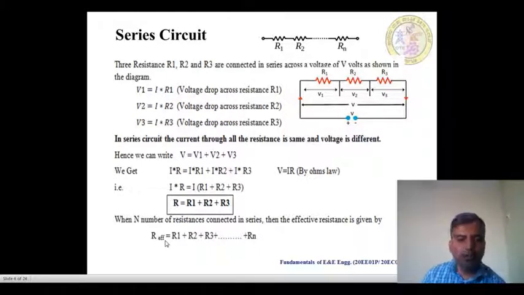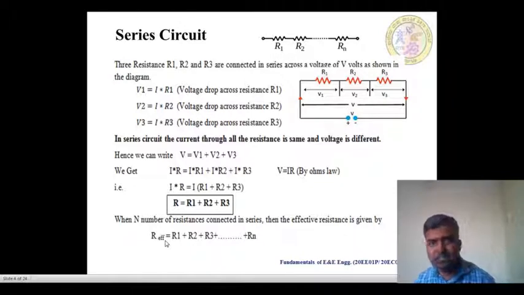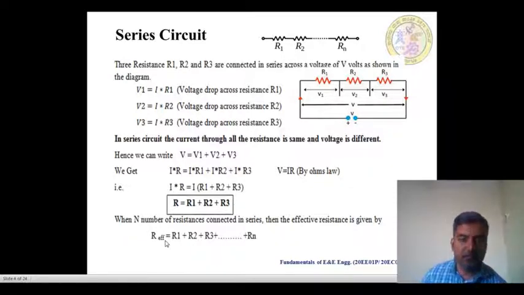Using Ohm's law we can write I into R, where I is the total current and R is the equivalent resistance of these three series connected resistances, equal to I into R1, the voltage drop across R1, plus I into R2, the voltage drop across R2, plus I into R3, the voltage drop across R3.